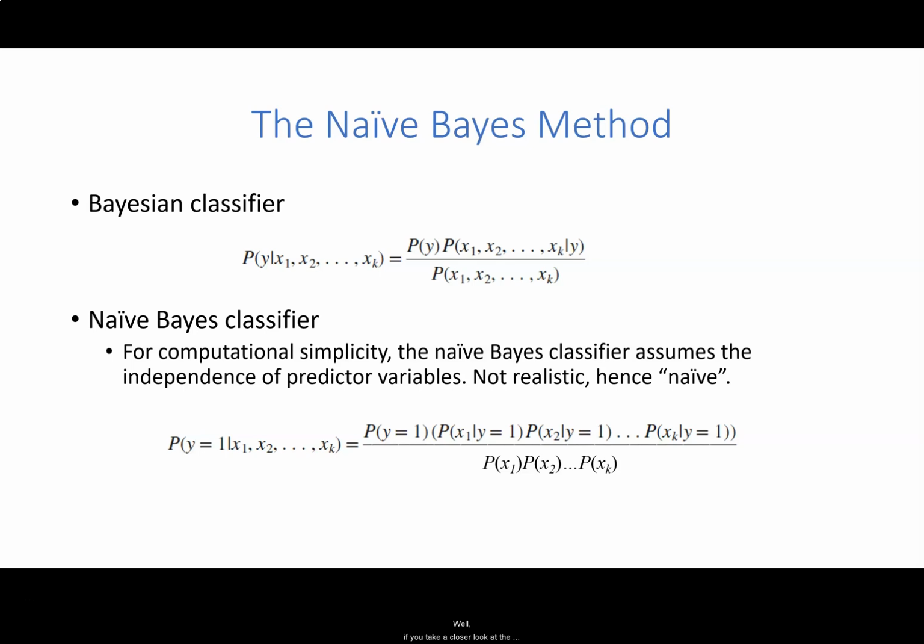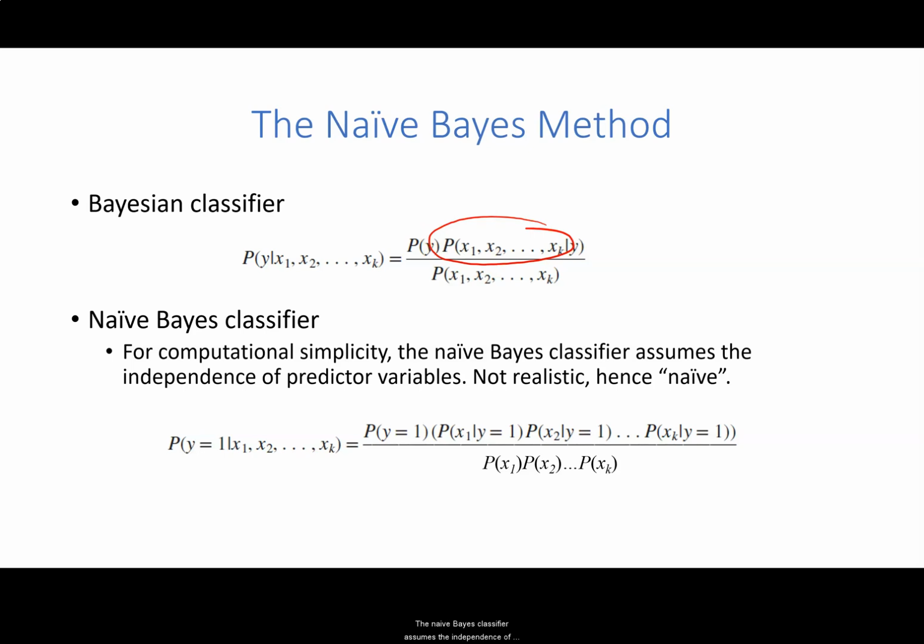Well, if you take a closer look at the formula for the Bayesian classifier, you will notice that the formula assumes dependency between the predictor variables, which means that all predictor variables must take the values of x1, x2, all the way to xk simultaneously. This is a very difficult condition to meet.